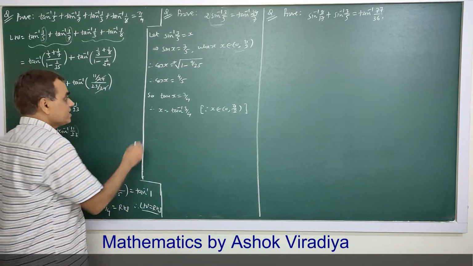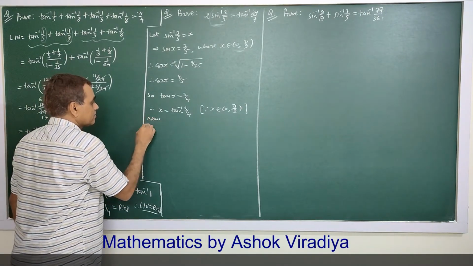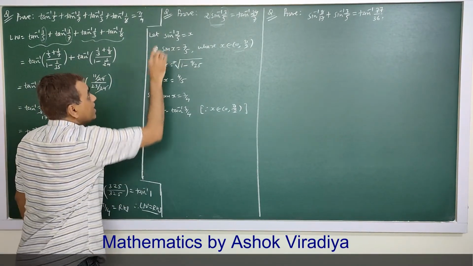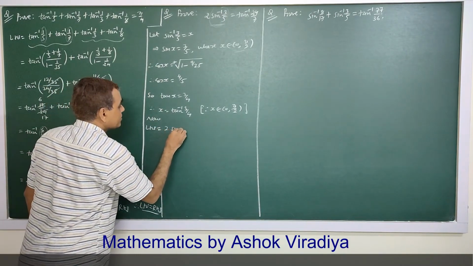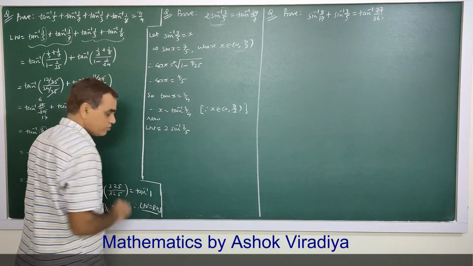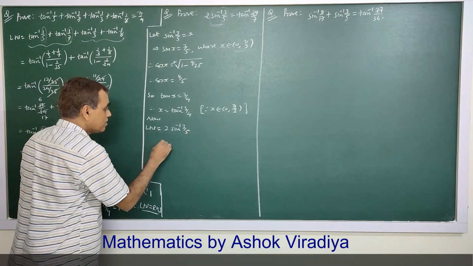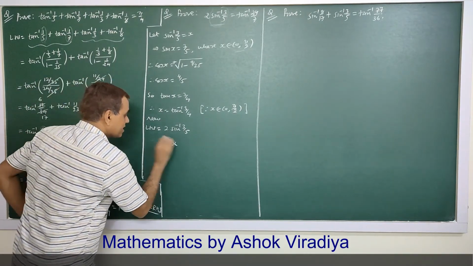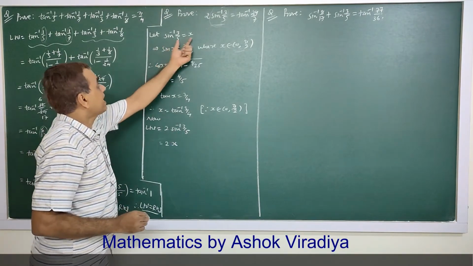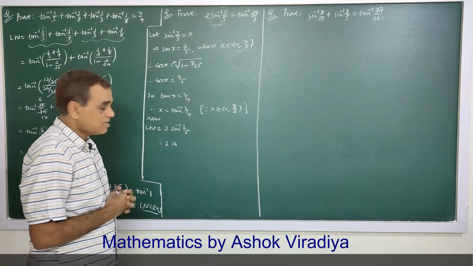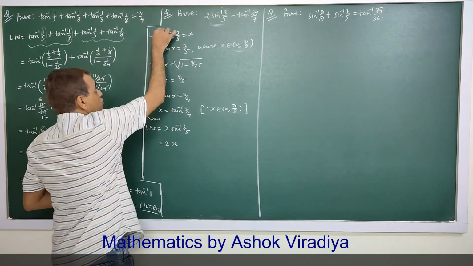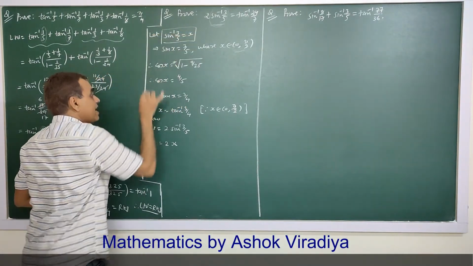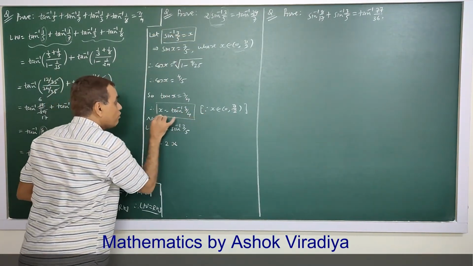Now LHS is 2 times sine inverse 3 by 5. 2 times sine inverse 3 by 5 is x, this we have taken as x. And now sine inverse 3 by 5 is x and x is tan inverse 3 by 4.